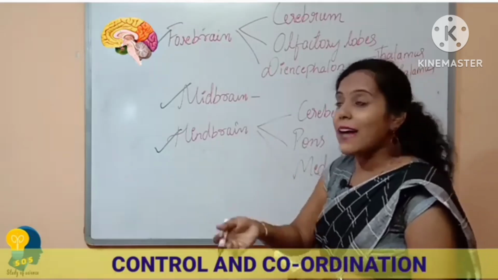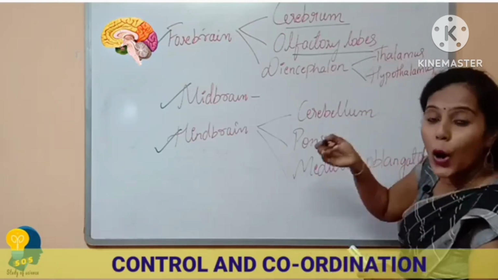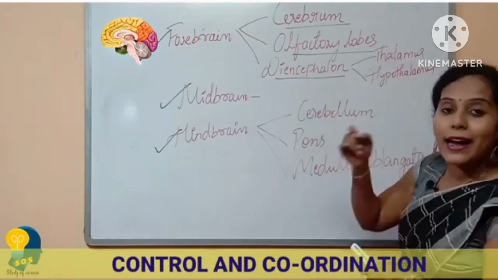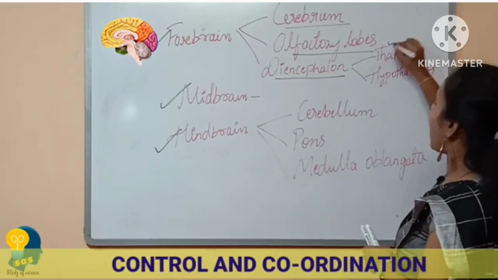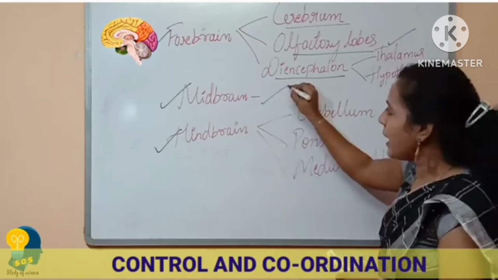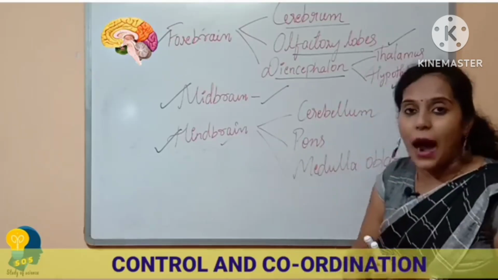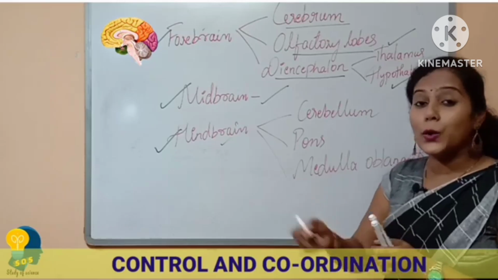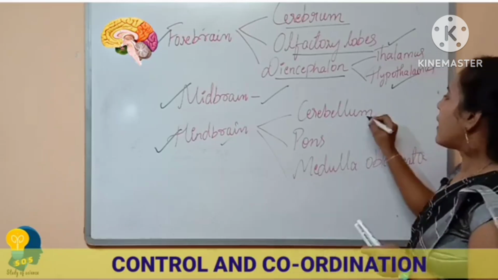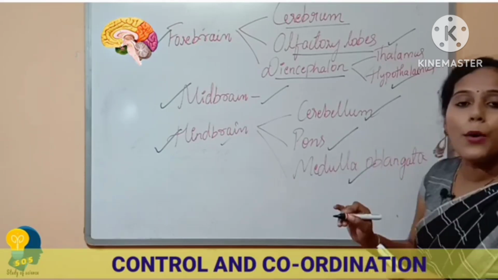Forebrain is further classified into cerebrum, olfactory lobes, diencephalon. Diencephalon consists of thalamus and the hypothalamus. Then midbrain. And then hindbrain is further classified into 3 parts: cerebellum, pons, medulla oblongata.